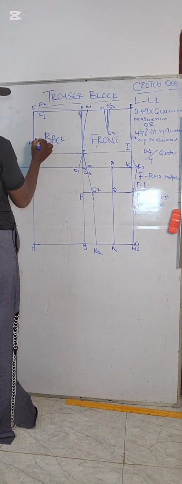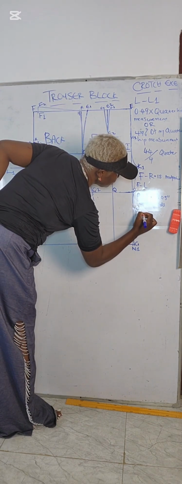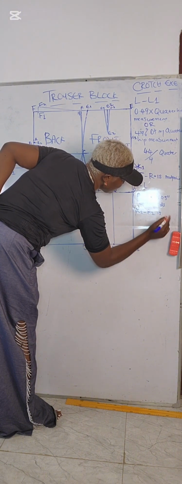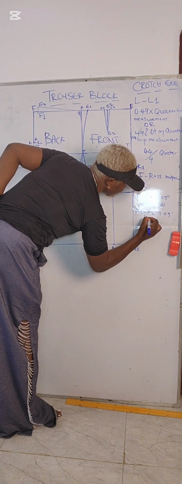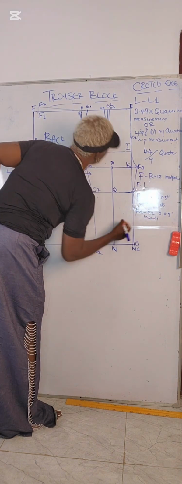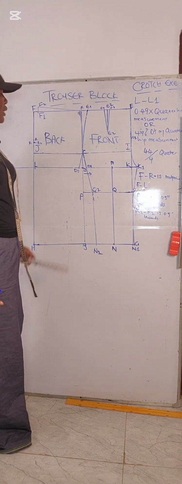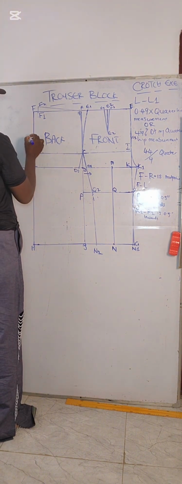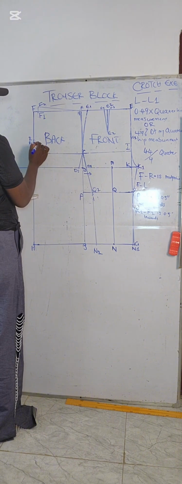R1 to R2 is 0.5 inch inwards. So from this particular point, move in by 0.5 inch. That is for my R2, 0.5 inch inwards.